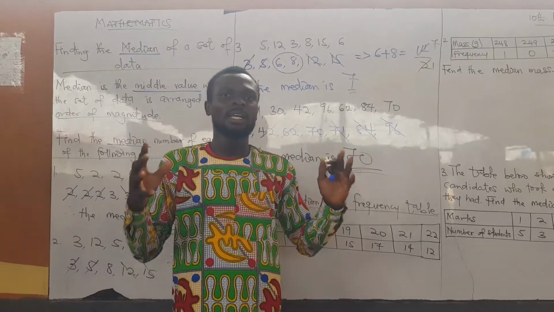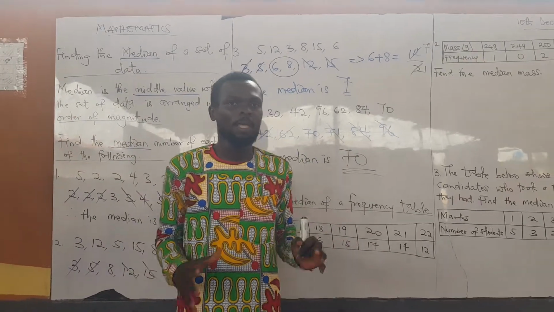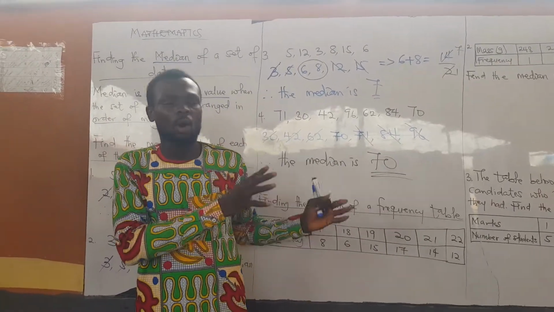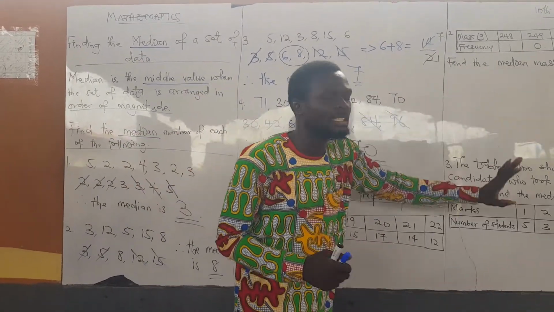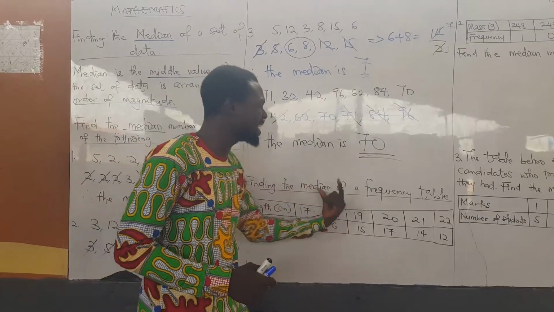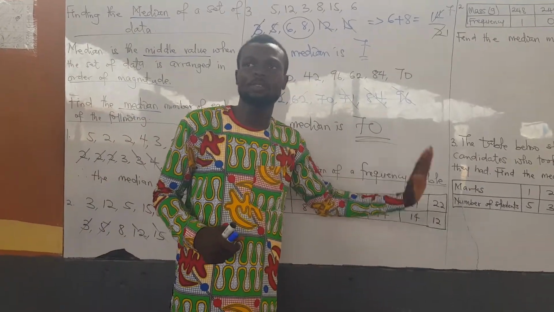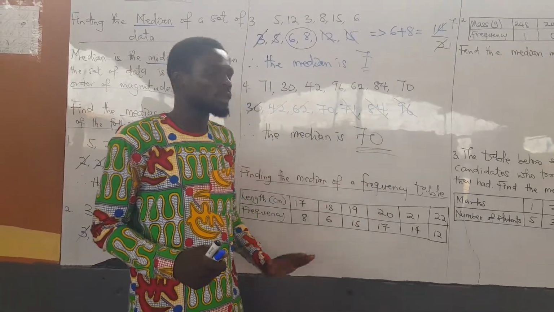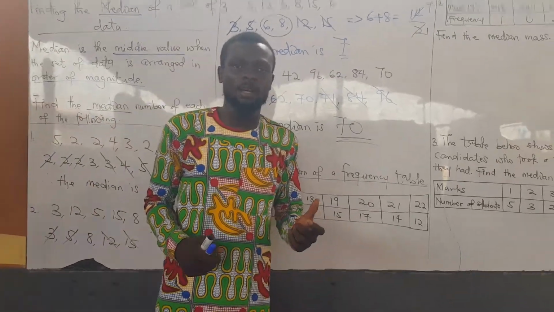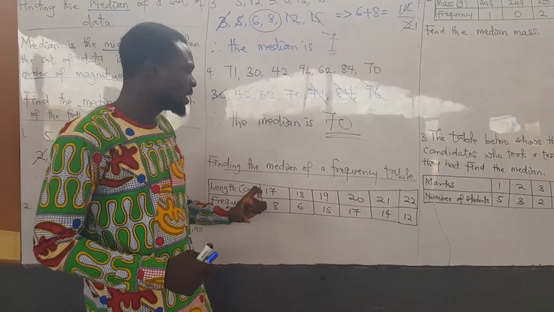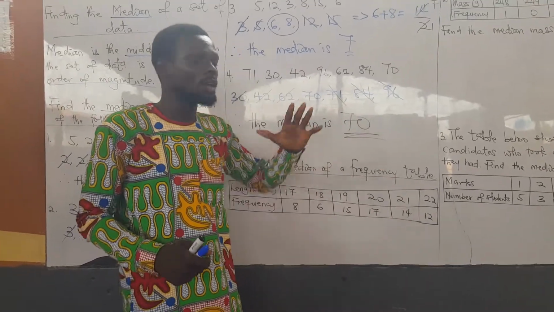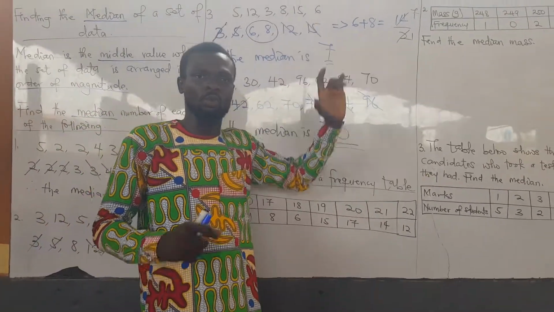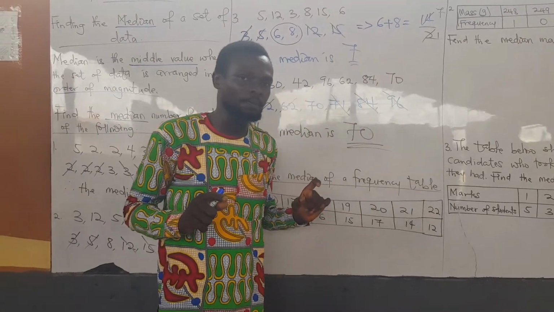They are all the same, but what changes is the ungrouped and the grouped. So these ones are grouped data. When it comes to the frequency table, finding the median is quite different from what we have been taught for a set of data.